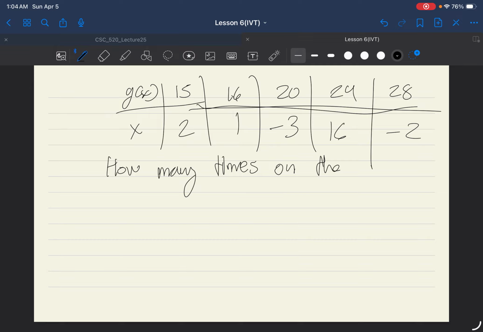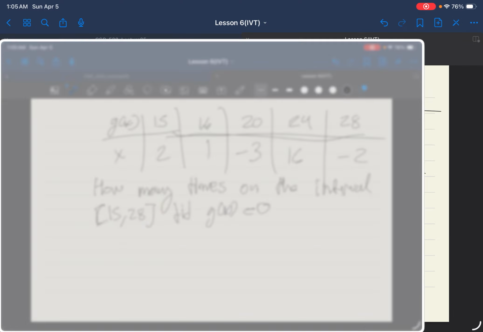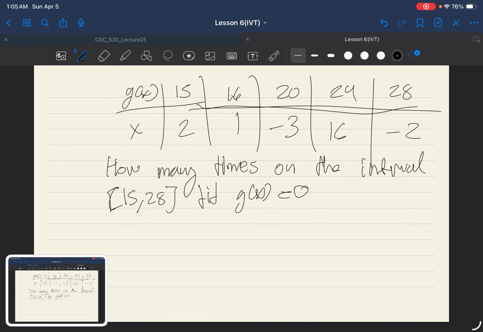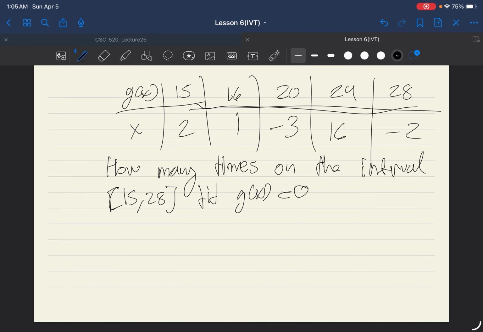on the interval 15 to 28 did g of x equal 0. And this uses the same principles as IVT because, of course, in the first problem we were directly using IVT to prove whether a value was or was not part of the function.